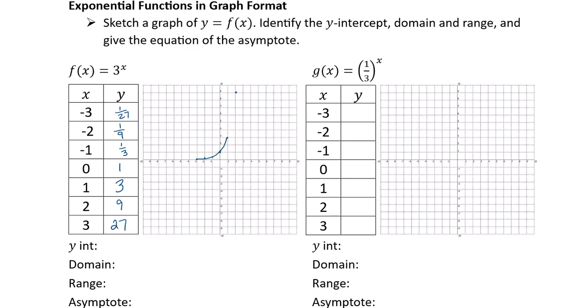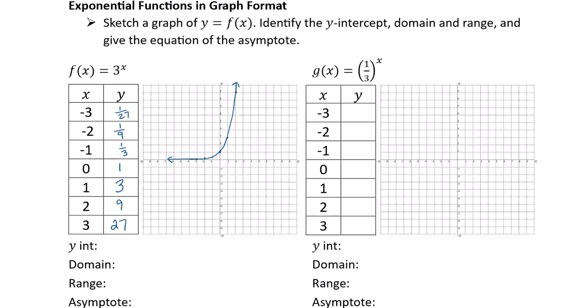Connect our graphed points here, and you can see a good idea of what this graph looks like. Now, if I would pick x's less than negative 3, that number would get smaller and smaller, but never quite get to 0.